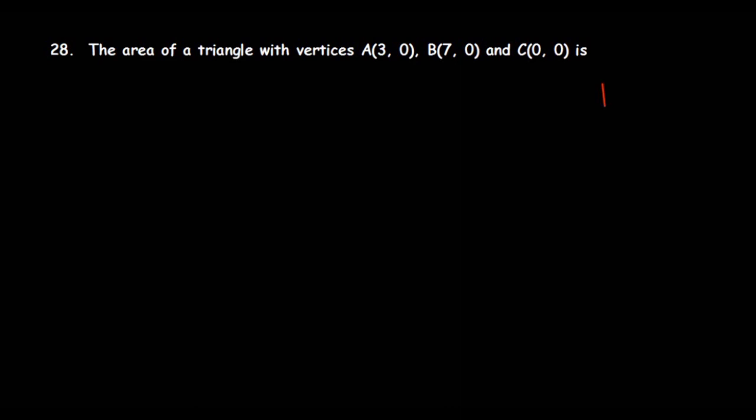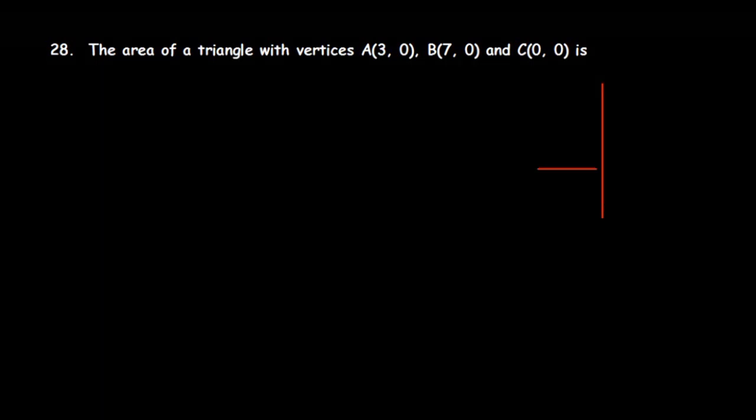So the area of a triangle, the vertices. Okay, so again we should draw a figure to understand this one. Y axis, x axis. So the point origin, okay, and 3 comma 0 is a point here, and 0 comma 7 is here, so that should join this.